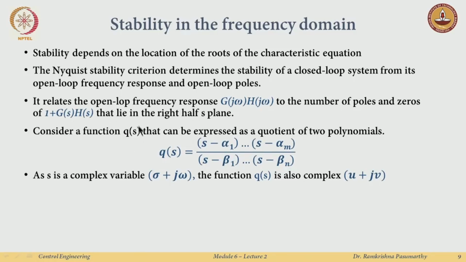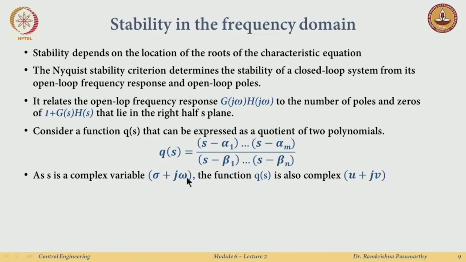So just consider a function Q of S, which in the usual terms is a transfer function that has m zeros and n poles, and usually n is greater than or equal to m. What is S here? S is a complex variable, with real part sigma and imaginary part omega.